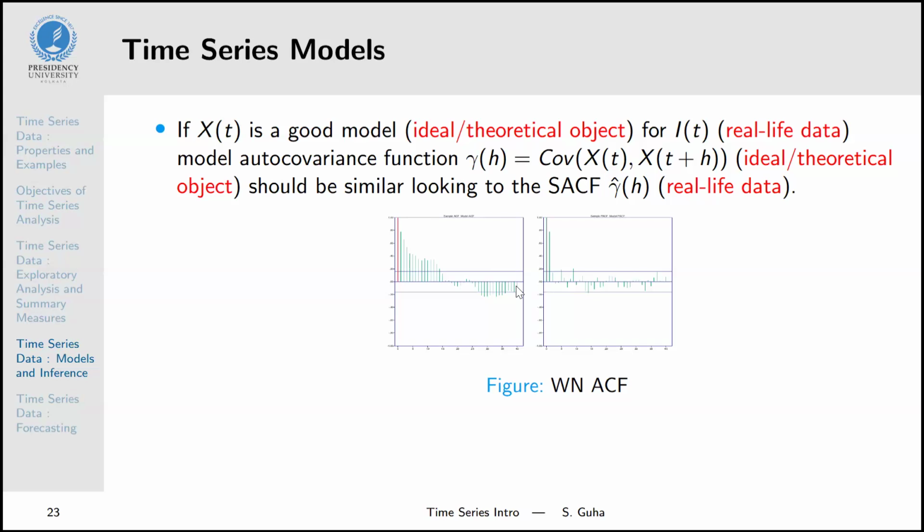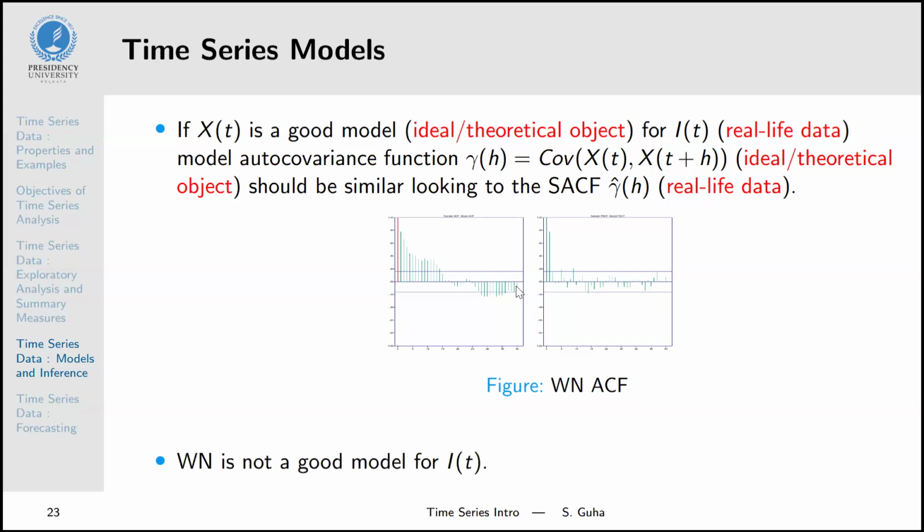Okay, so then if you calculate the autocorrelation function for the hypothetical object, and you already have an autocorrelation function for the real life data, because that is what we refer to as the sample autocorrelation function, these two should match, right? These two should match. Now here, can you see the picture?